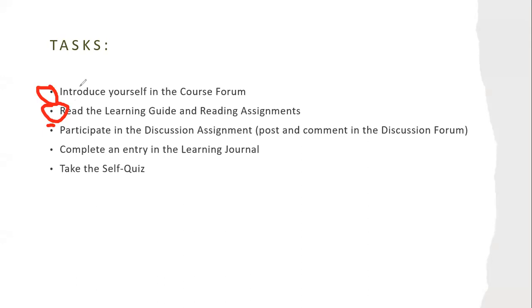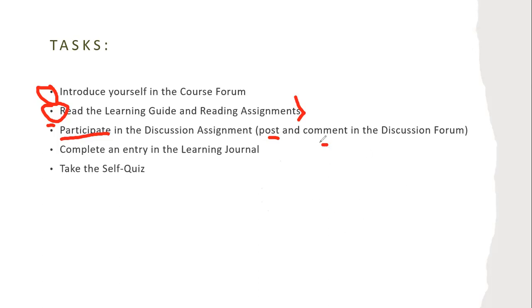All right. Please read the learning guide. This gives you a little bit more information, and it tells you what assignments you will be working with throughout the course. Please participate. You know the expectations of what participating in the discussion means: post and then comment. That's really important, that you're engaging with other people. And when you post, avoid just saying good job or I like it.